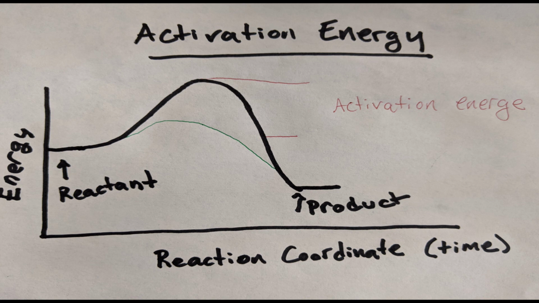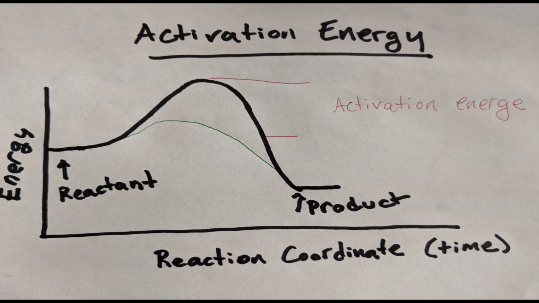So at the end of this process, we're going to end up with a product that has less energy. And the way our typical reaction works is that in order to have this reaction progress, we can't draw just a straight line from the reactant to the product. We have to reach a certain activation energy, so I'll have a little peak in the middle here, before the reaction can proceed and form our product.